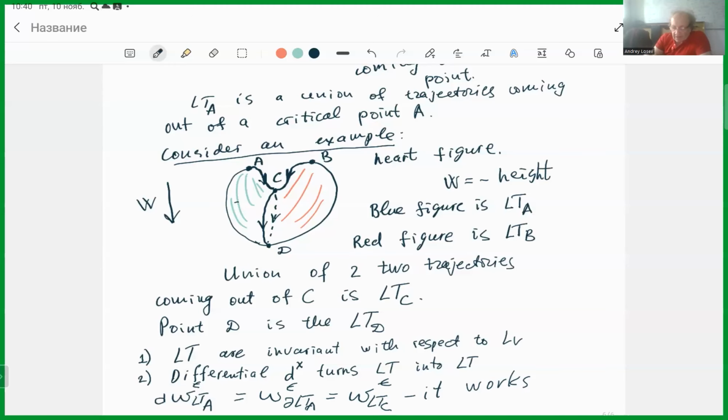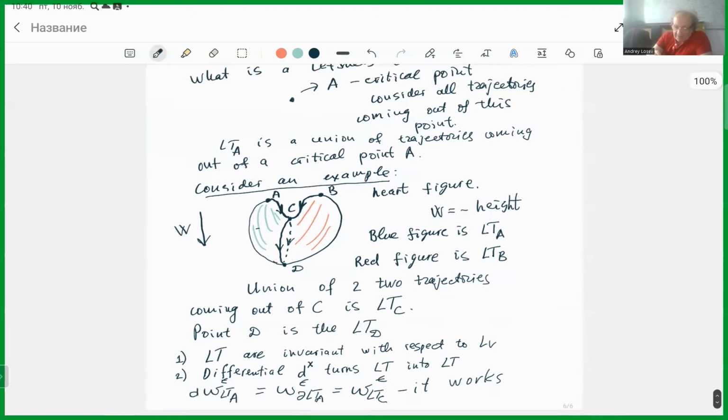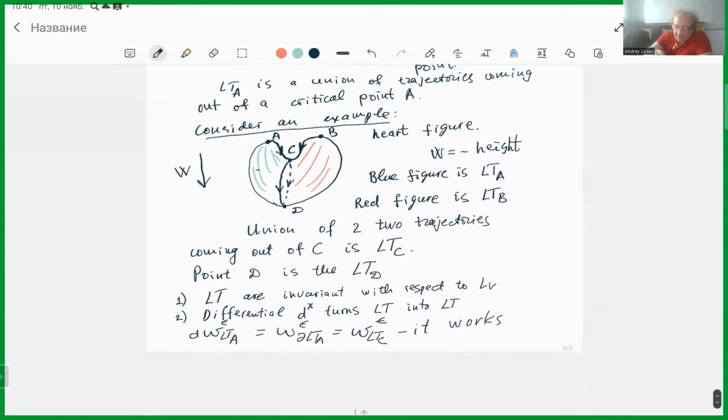Okay. Now I want to make one more picture above this picture.